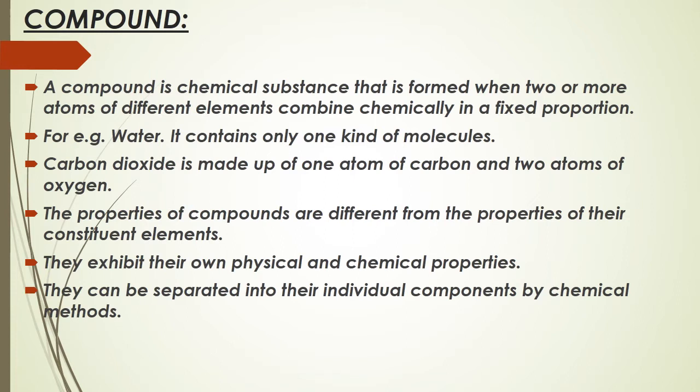The constituents can be separated by certain chemical methods. Other examples of compounds are water, salt, sugar. These are certain other compounds that we commonly see in our day-to-day life.